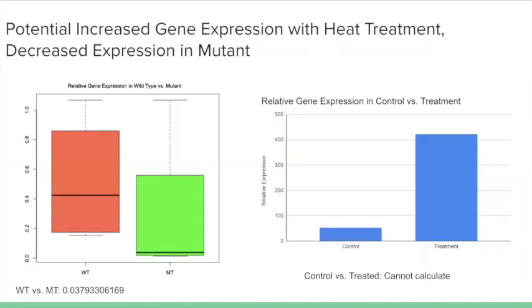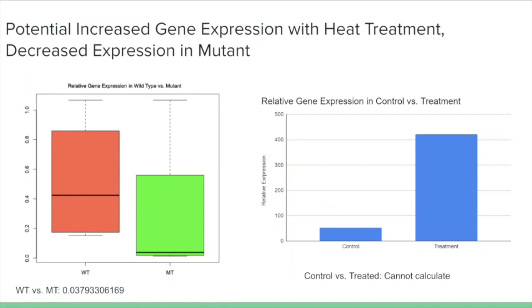So next slide. And our next step was to use our treated samples and our control samples and to conduct a qPCR analysis to determine if there was any differences in the expression of the gene within our samples.